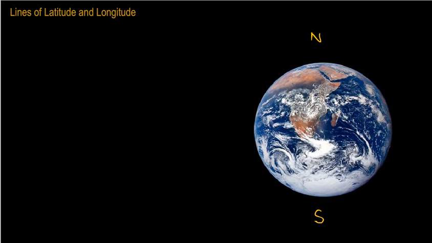So if we look at north at the top and south down the bottom, if I draw a line right through the middle of the earth, this is what's known as the equator, and it separates the northern and southern hemispheres, and it sits at 0 degrees, and it is a line of latitude.